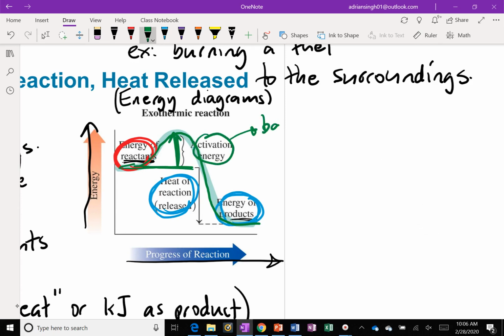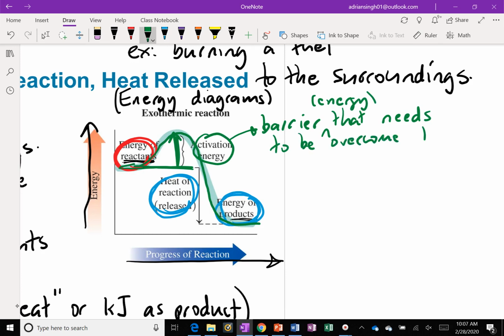This is the barrier, the energy that needs to be overcome to get the reaction going. Right, and in some cases that's pretty obvious to identify. In some cases it's not.